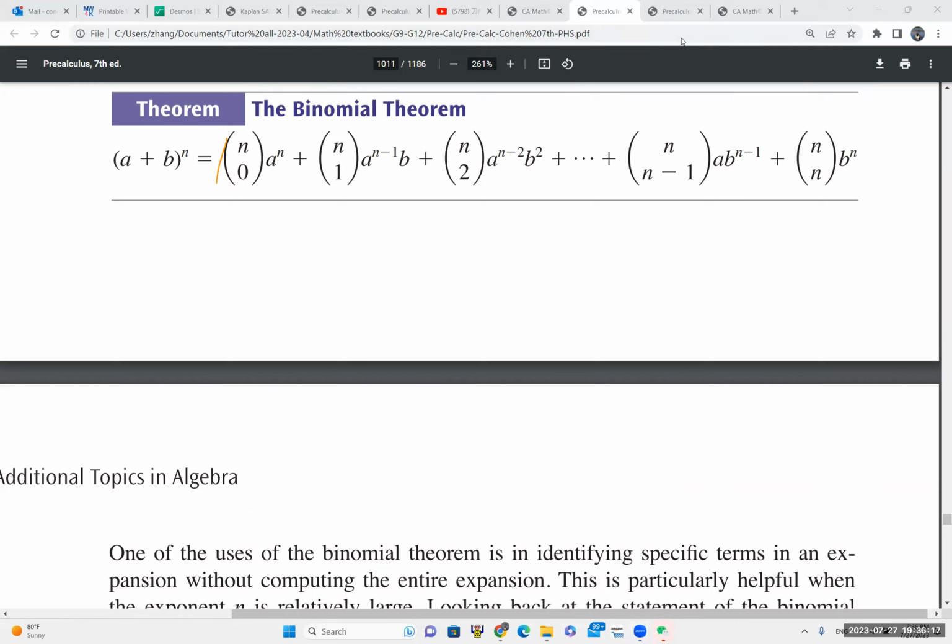And this always equals 1, and this also always equals 1. That's why in the Pascal triangle, for each row, the two ends are always 1, right? And we also have the theorem that this equals this. That means C(n, 1) always equals C(n, n minus 1). So that's the reason we have the left-right symmetry, right?